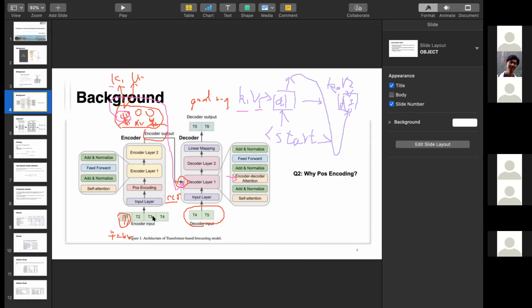Then each token of the decoder output attends to all the tokens from K1 to K4 and V1 to V4. Okay, sorry, I didn't get it. So the D1 here, if I understand correctly, is just a position here, right? What do you mean by D1 taking from all the token outputs, all the encoder output?